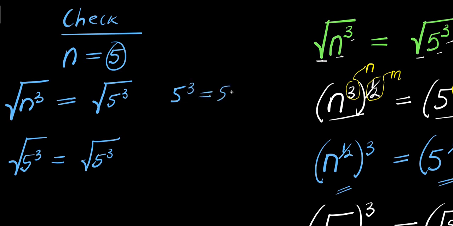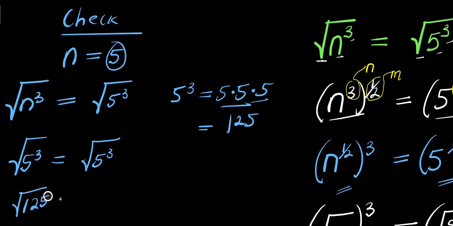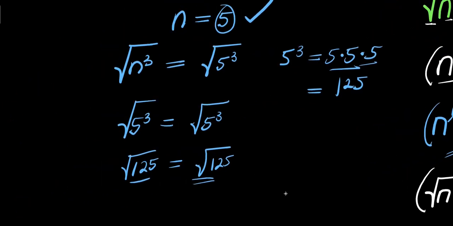And 5 power 3 equals 5 times 5 times 5, 25 times 5, 125. So this means you have square root of 125 equals square root of 125. So guys, that shows that the solution here is correct because both sides of this equation are the same.